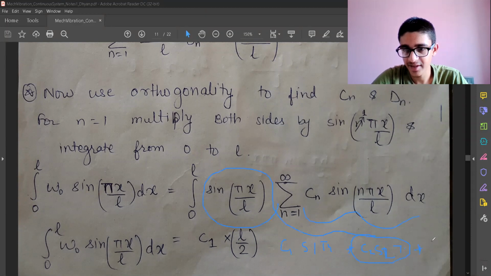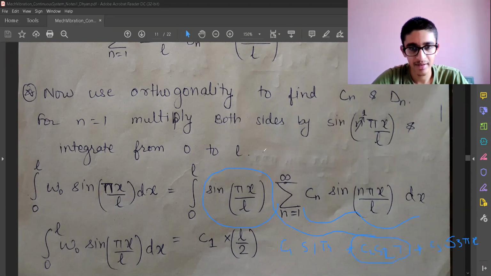Similarly, c3 sine(3 pi x by l) multiplied by sine(pi x by l) is again going to be 0 because of the orthogonality.